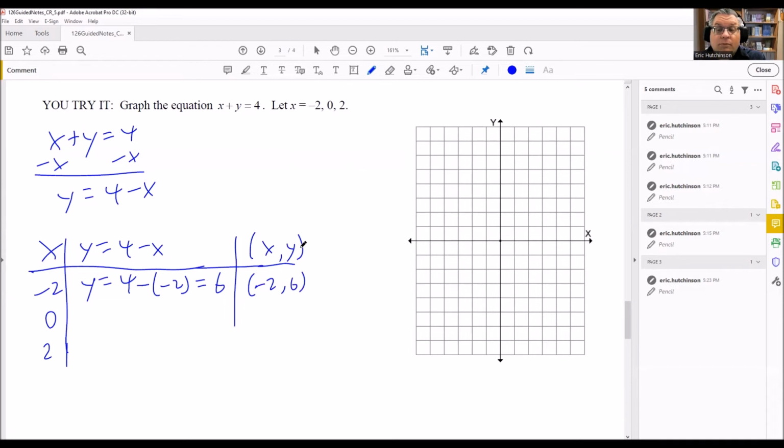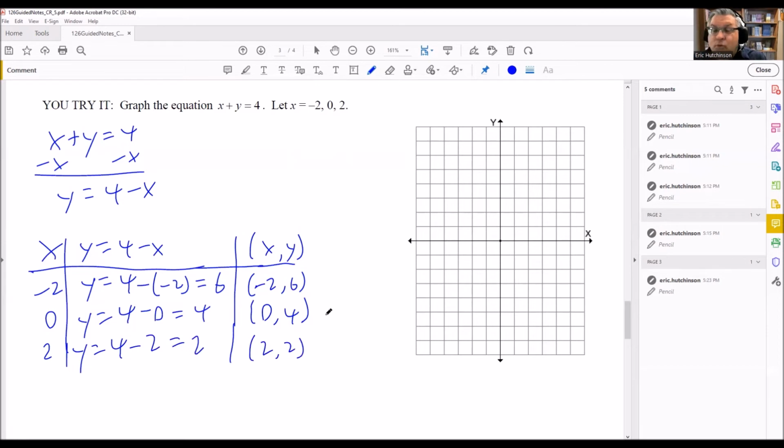That's the first point we're going to plot. Next, we have a 0. 4 minus 0 is going to give you a 4. So I have the point 0, 4. y equals 4 minus, I'll put a 2 in there for x, equals 2. So I get the point 2, 2.